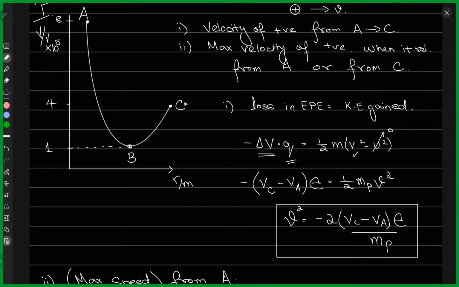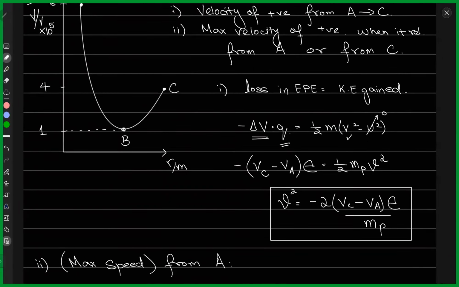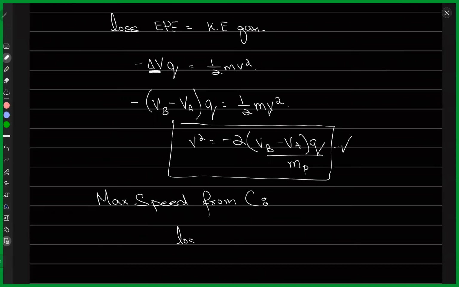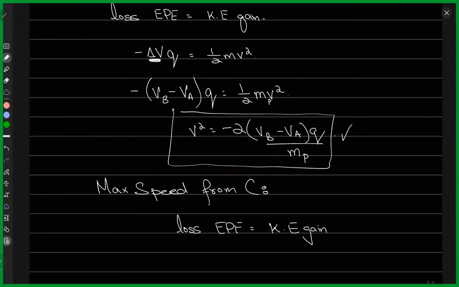If it was instead released from point C, then everything will be the same, but the potential differences will vary. So maximum speed from C, if it was released from C. Again, you'll say that all loss in this electrical potential energy was converted into the gain in kinetic energy, and loss in electrical potential energy, which is minus change in potential difference times Q, is equal to half mv squared. This minus sign is common.